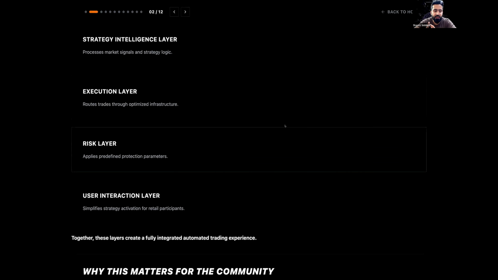Then comes the user interaction layer, which gives you simplified strategy activation for retail participants. There are three user interaction layers built on the auto trading engine, and these interaction layers are licenses of subscriptions, three different licenses.